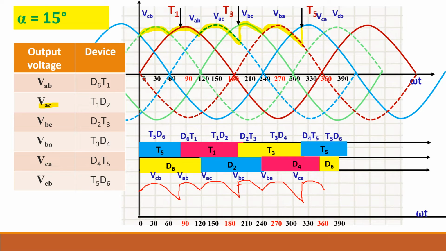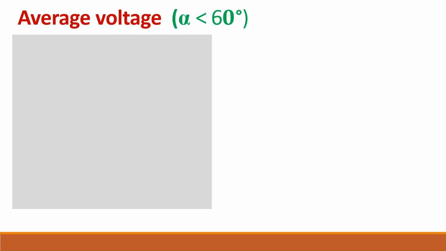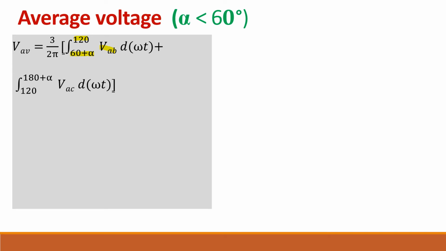Now let us find the average value for this one. How to find the average value? I am taking 60 plus alpha to 120 degree, where your output voltage is VAB, and 120 to 180 plus alpha, where your output is VAC.